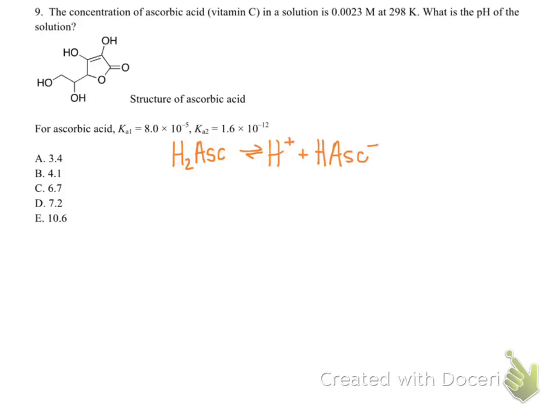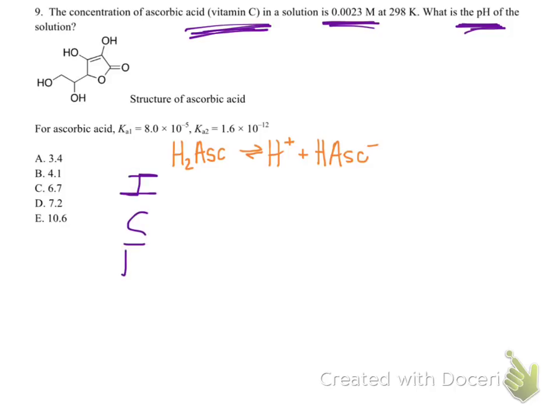Ascorbic acid, aka vitamin C, is, appropriately enough, an acid that we can find in many citrus fruits. And we want to know the pH of a solution of ascorbic acid, given the molarity. A weak acid? Trying to find the pH. When in doubt, ICE it out.